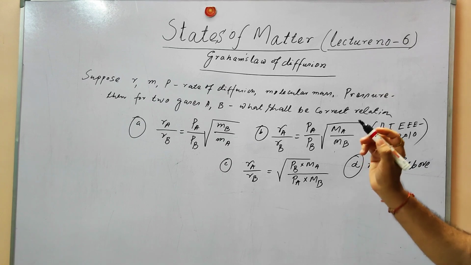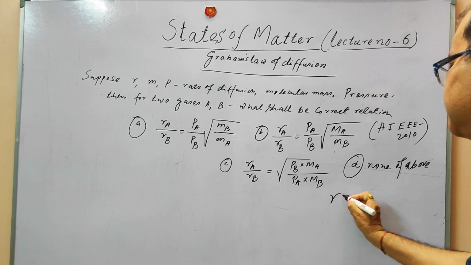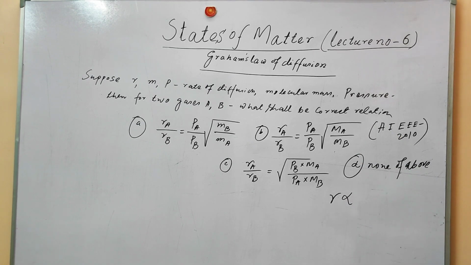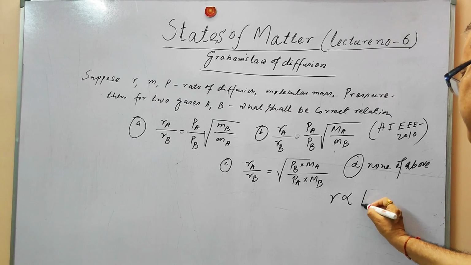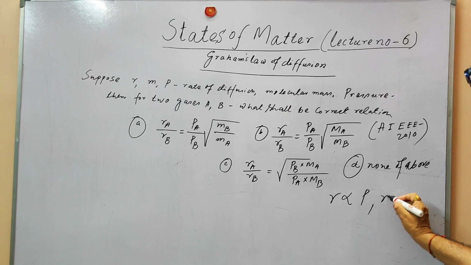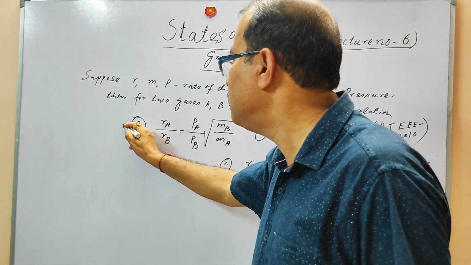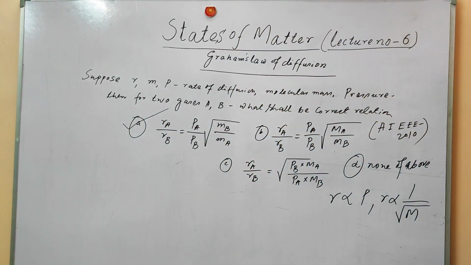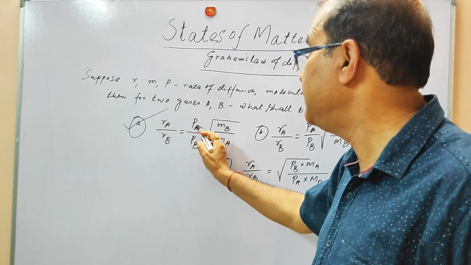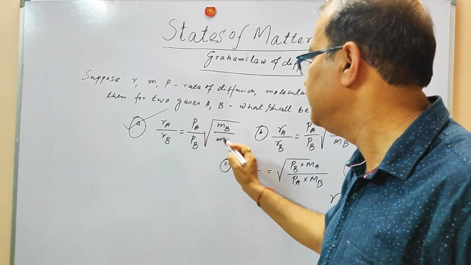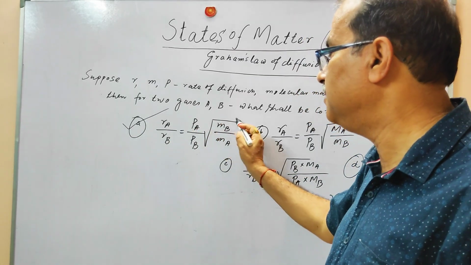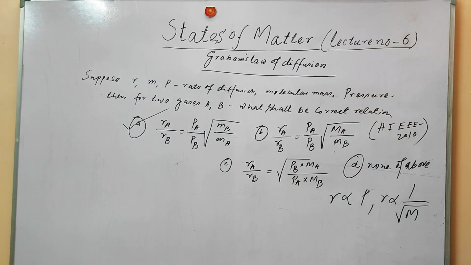We know from Graham's diffusion law that the rate of diffusion is directly proportional to the pressure, and the rate of diffusion is inversely proportional to the square root of the molecular mass. So if you see from this relation, option A will be the correct answer. RA is directly proportional to pressure, and inversely proportional to the square root of the molecular mass. So this will be the correct answer.